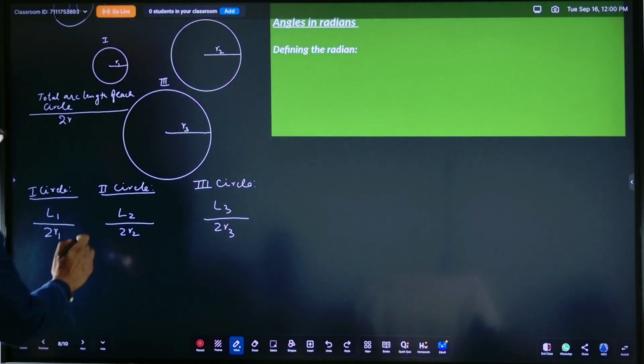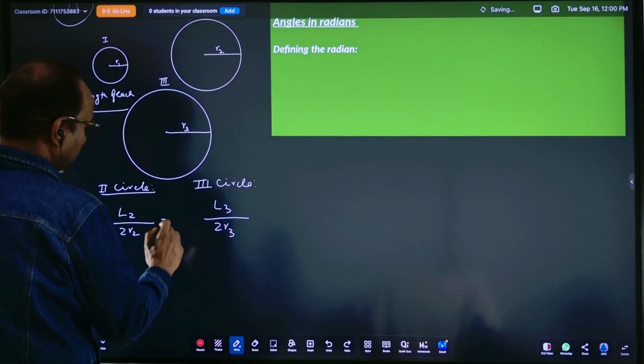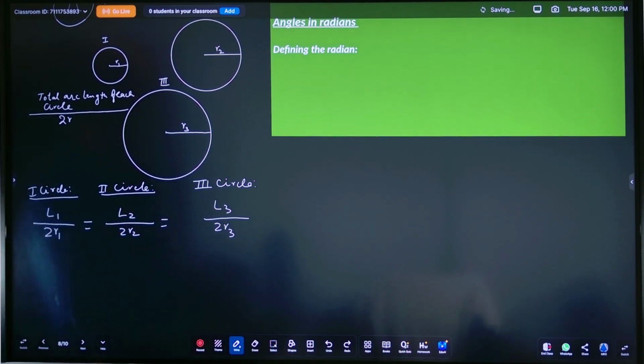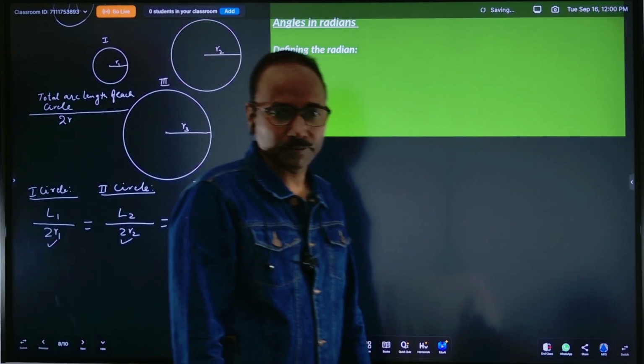When they divided, they got L1 divided by 2r1 is equal to L2 divided by 2r2 is equal to L3 divided by 2r3. These all had the same value.